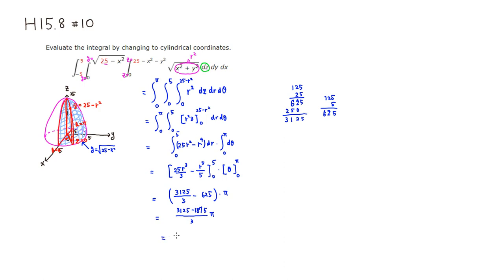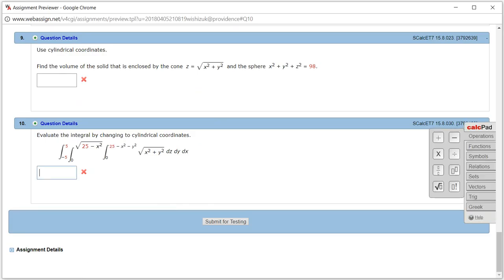So 5 minus 5 is 0, and borrowing, the subtraction works out to 1250 over 3 pi. All right, so let's type it in. We got 1250 pi over 3.